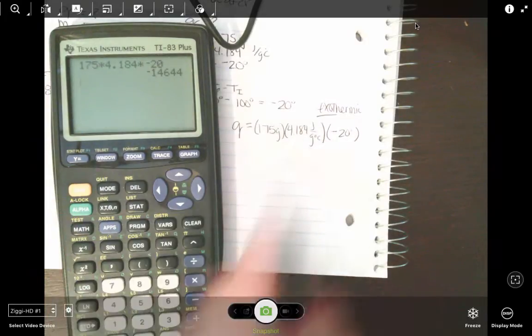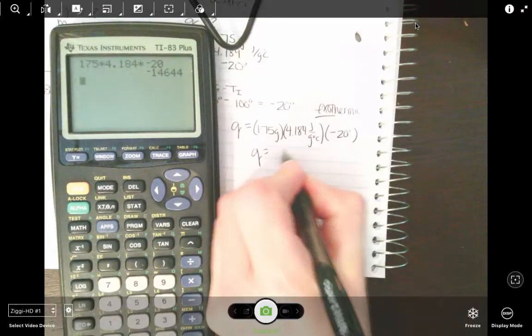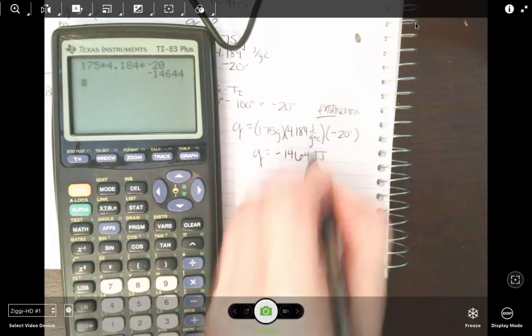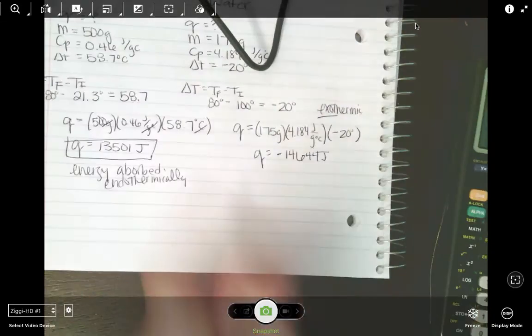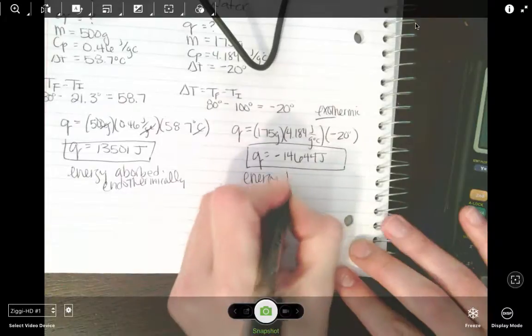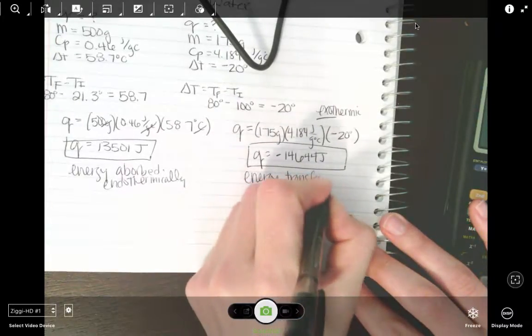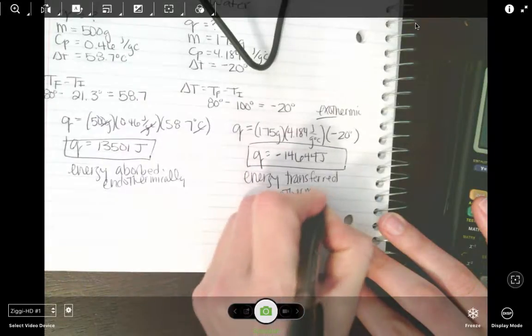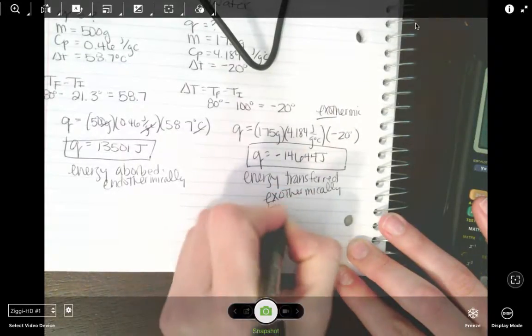Gets me negative Q equals negative 14,644 joules of energy. This is how much energy was transferred exothermically from the water.